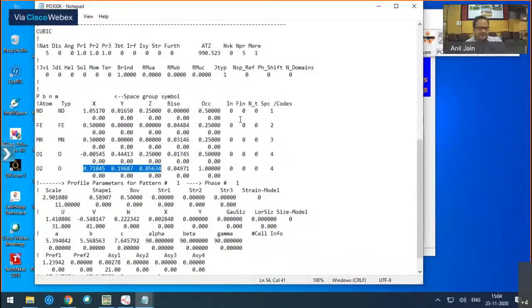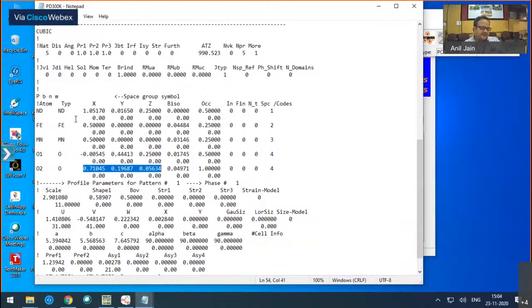Now if I multiply this occupancy by 2, then I reach the formula unit. Neodymium, if I multiply by 2, becomes 1. Iron, if I multiply by 2, becomes 0.5.